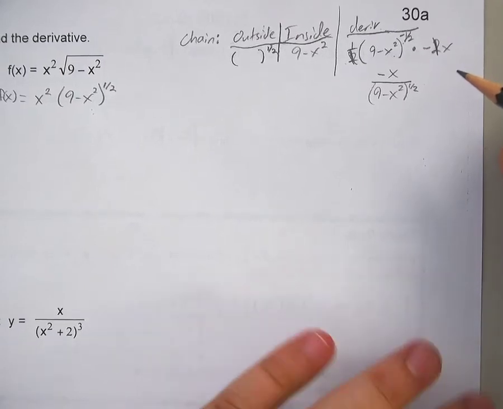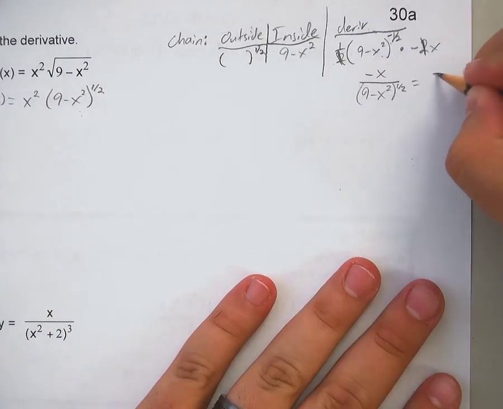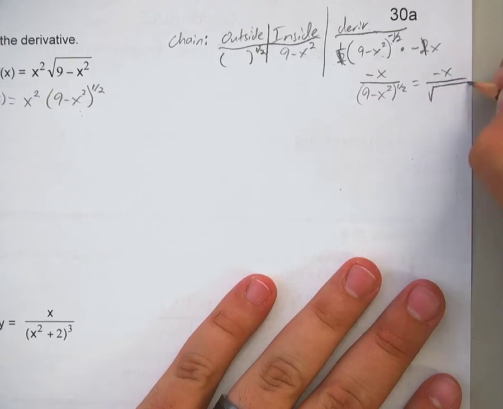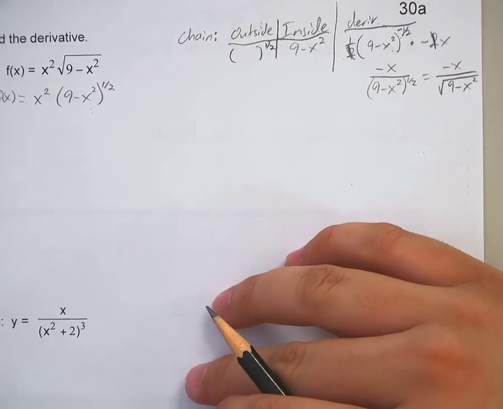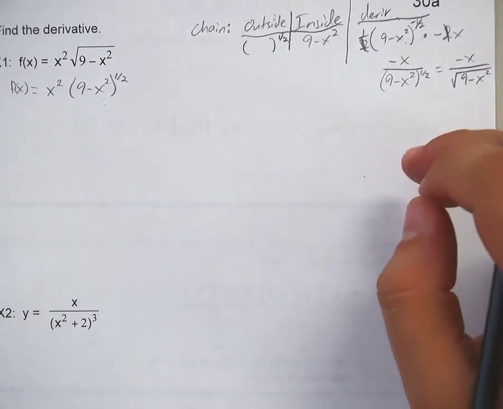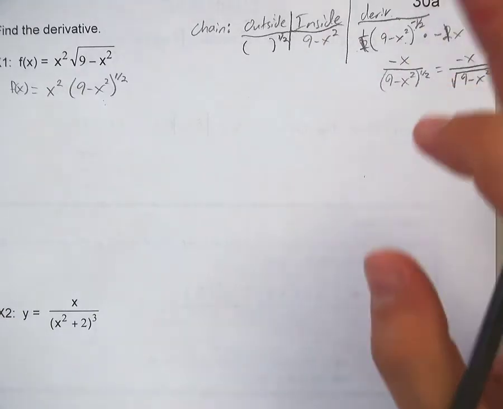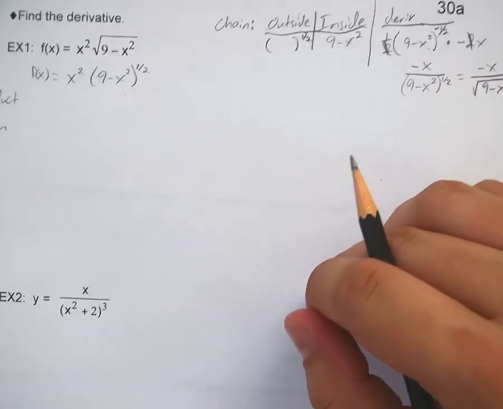Okay? Or if you wanted to, you can write it as negative x over the square root of 9 minus x squared. Okay, either one of those will work. It may be a little bit easier square rooting wise, but we'll cross that bridge when we get there, okay?